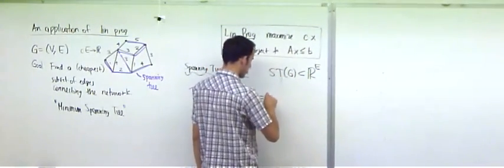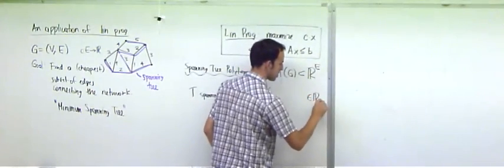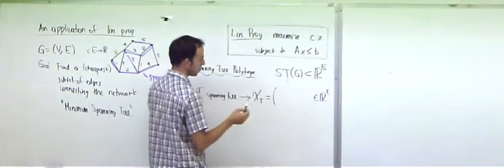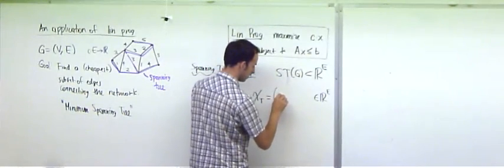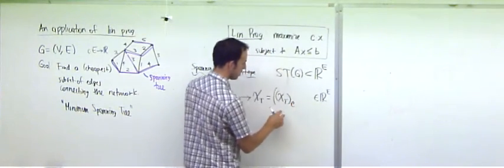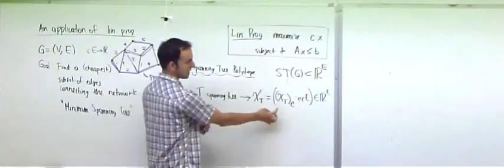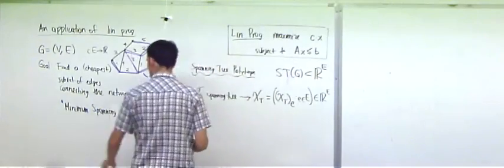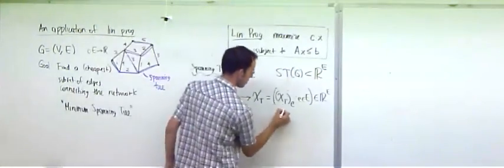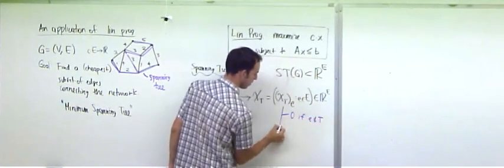But then the point is this, that I want to define a vector in R to the E. And so what I'm going to do is define it coordinate by coordinate. Each coordinate is labeled by one of the edges, and that coordinate is going to be 0 if the edge is not in T, and 1 if the edge is in T.